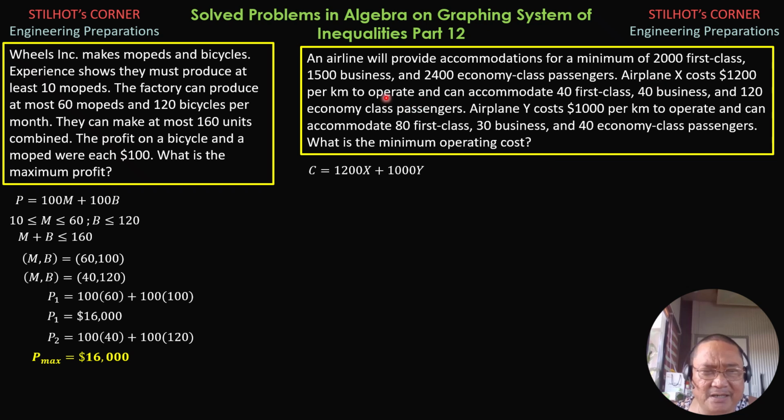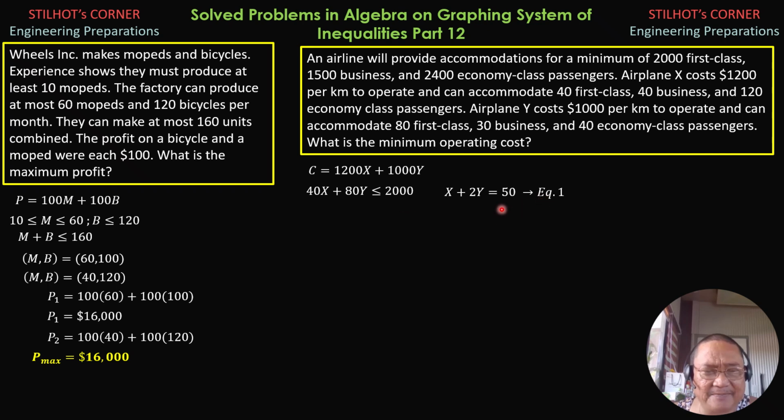For first class passengers, for X we have 40 times X plus, for Y, 80. So 40X plus 80Y should be less than or equal to 2,000 because that's the limitation, the total number of passengers. We simplify this, transform it into an equation, and divide everything by 40. So we have x plus 2y equals 50.